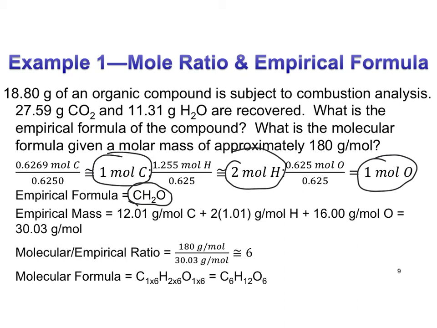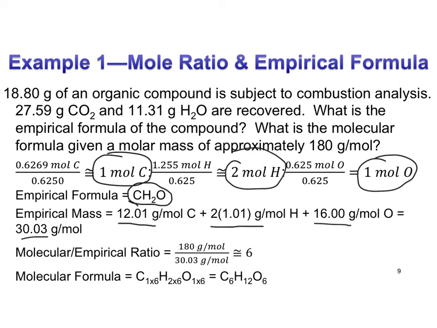Since we have a molar mass of approximately 180 grams per mole, we can determine the molecular formula. First, determine the empirical mass of CH2O, which is 12.01 plus 2.02 plus 16 equaling 30.03 grams per mole.